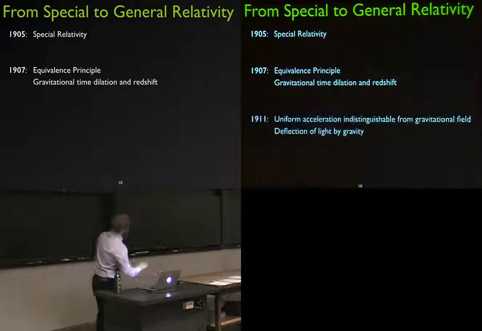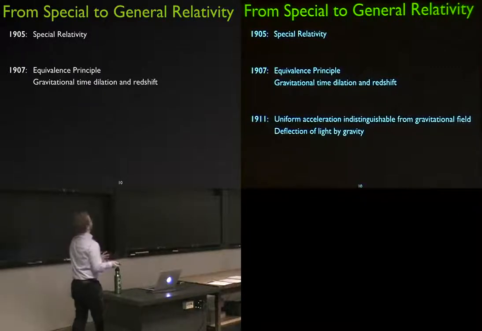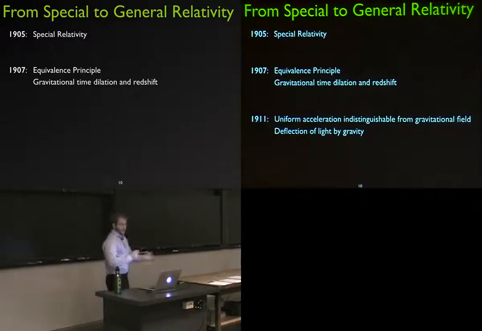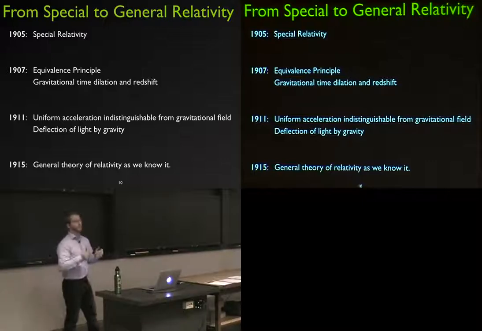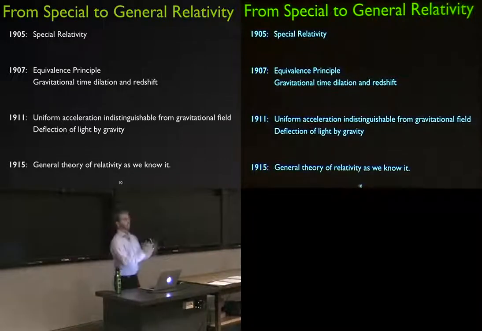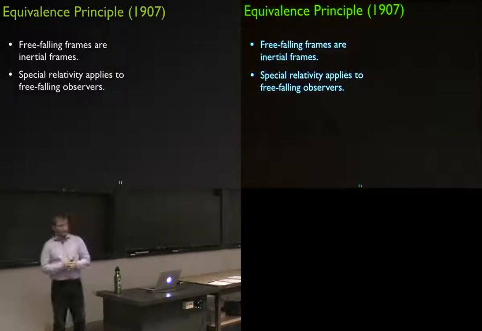And in 1911, he put out another paper talking more about the equivalence principle and some of its implications, and then also the deflection of light by massive bodies. And finally, in 1915 is when he put forth his full theory of general relativity and really painted the whole picture that he had in his brain.